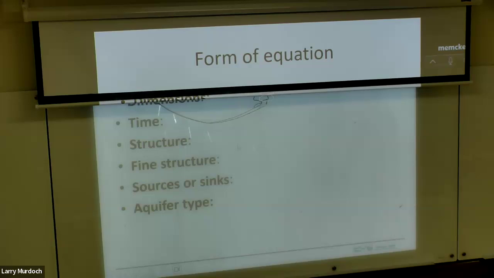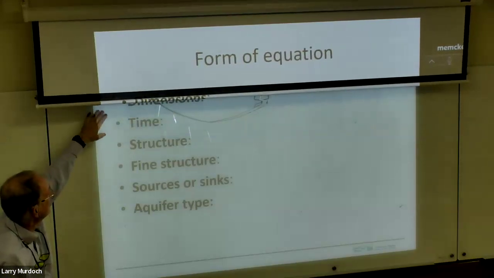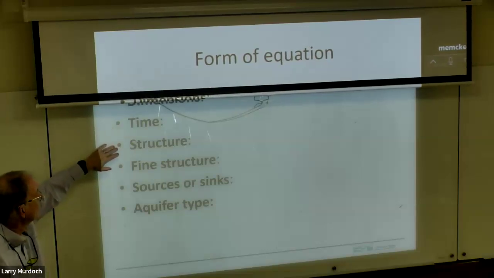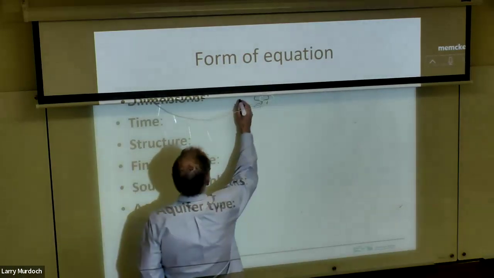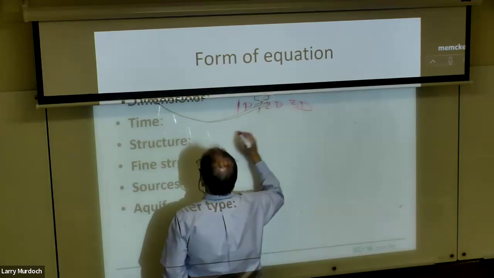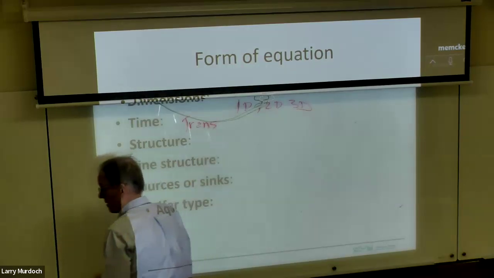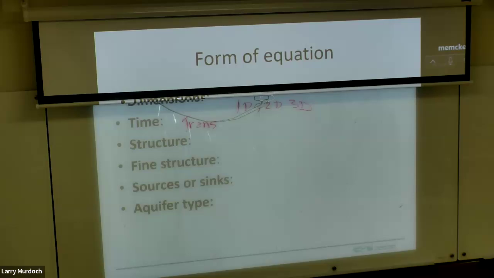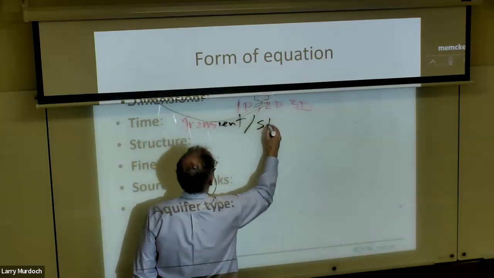So when I show you that slide with all those different equations on it, these are the different things that we were considering: dimension, time, structure. Dimensions like 1D, 2D, 3D. Time, is it transient or steady?